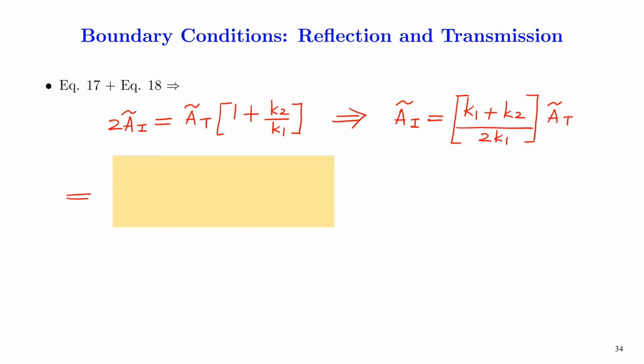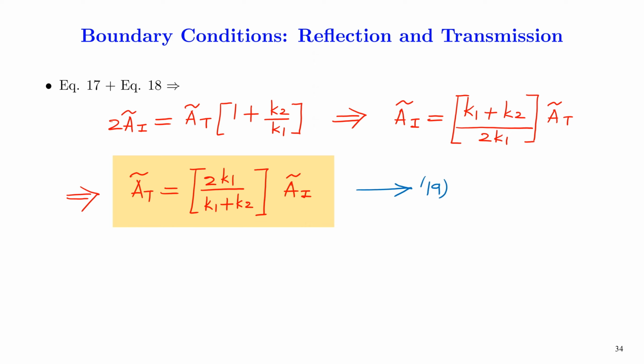We'll invert this equation so that AT equal to 2K1 over (K1 plus K2) AI. So this is the transmitted amplitude in terms of the incident amplitude.